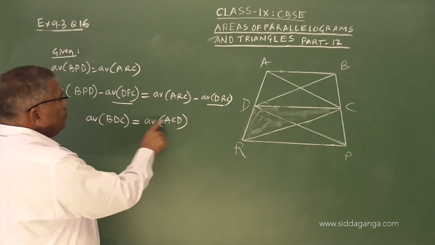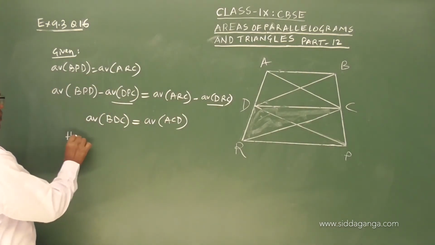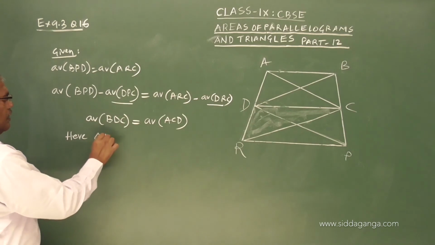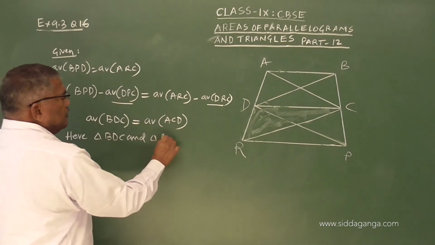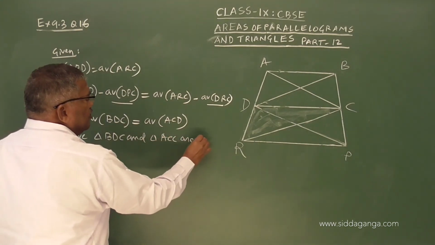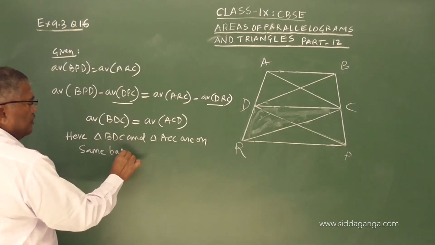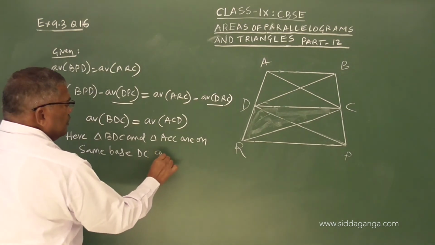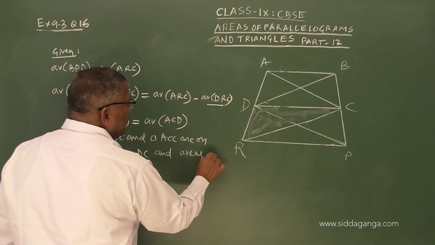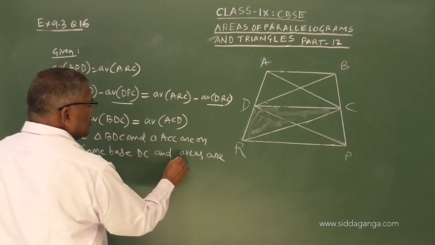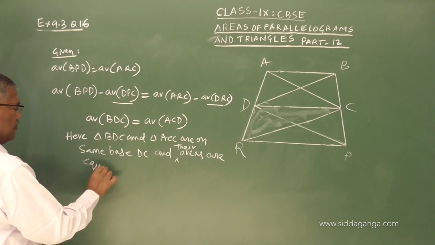Now, these two triangles are on the same base DC. So, here, same conclusion: triangle BDC and triangle ACD are on the same base DC and their areas are equal.